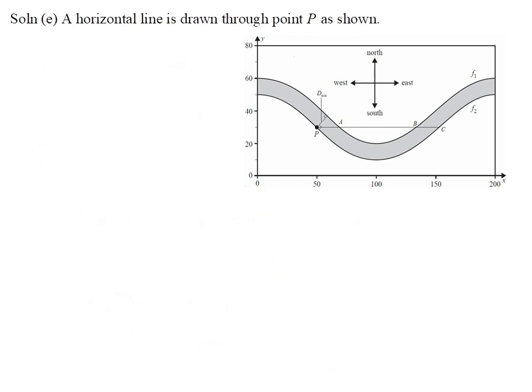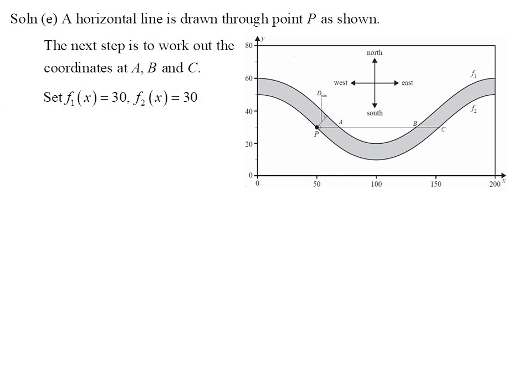In part E, in order to find the area of the no swimming zone, we need to draw a horizontal line and then find the coordinates at points A, B, and C respectively. Set both functions f1 of x and f2 of x equal to 30.